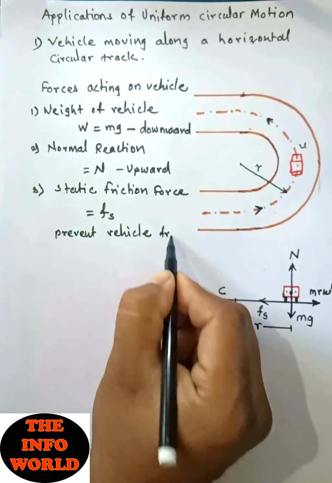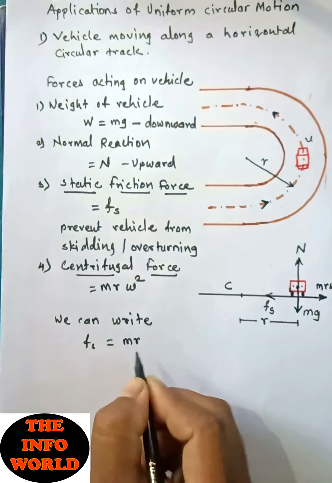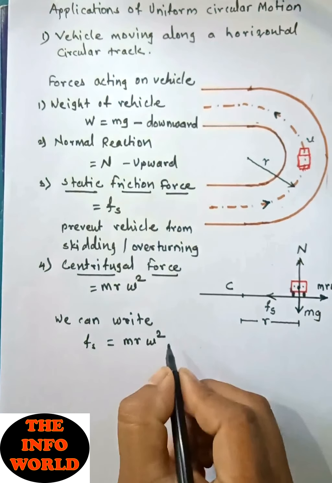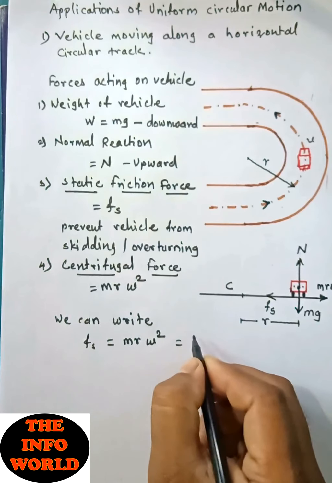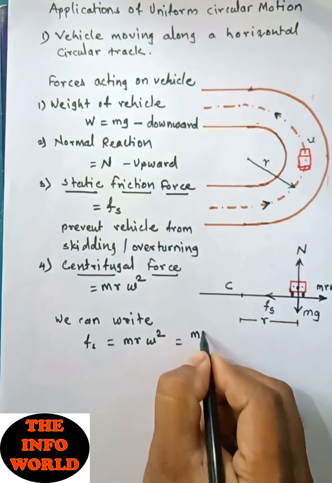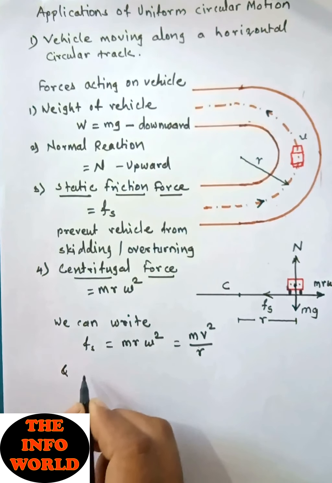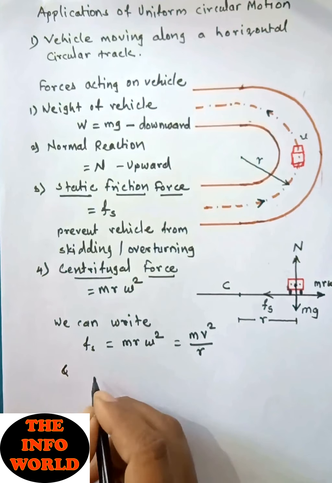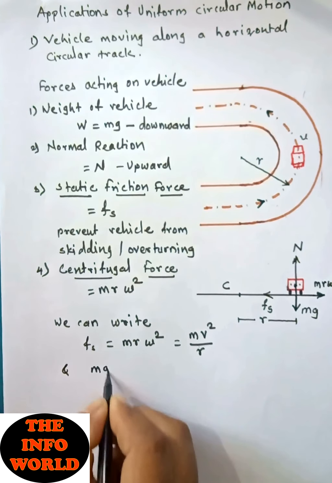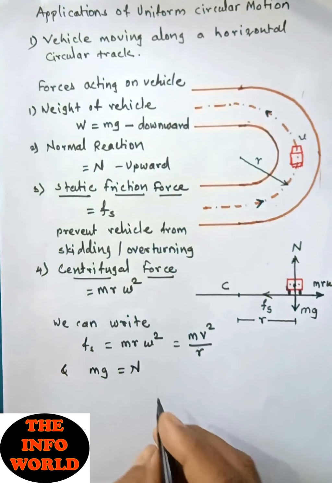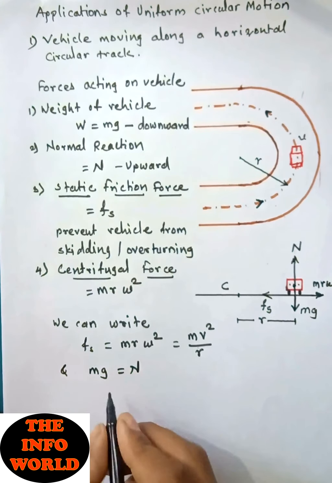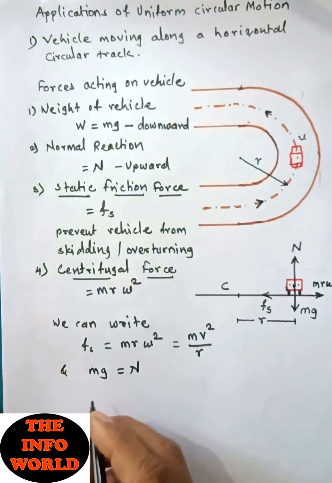So we can write Fs is equal to mr omega square, which in terms of velocity can be written as mv square by r, and the weight of the vehicle is balanced by the normal reaction from the road, so mg is equal to n.